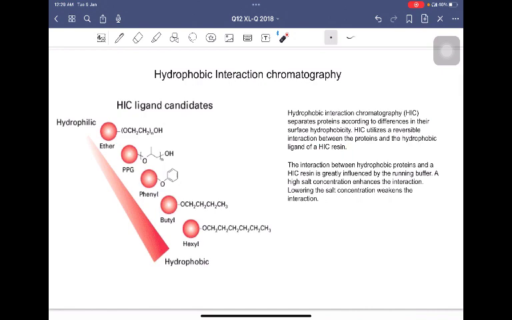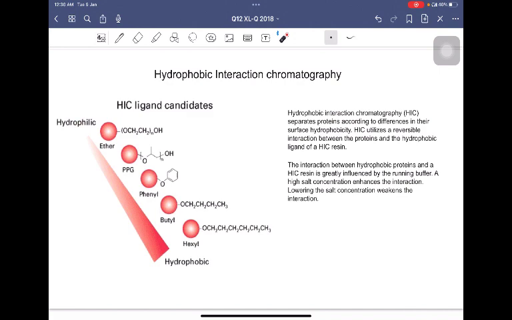So the matrix can be sepharose or agarose. This matrix is coated with ligands which are hydrophobic, right? So these are some of the HIC ligands.